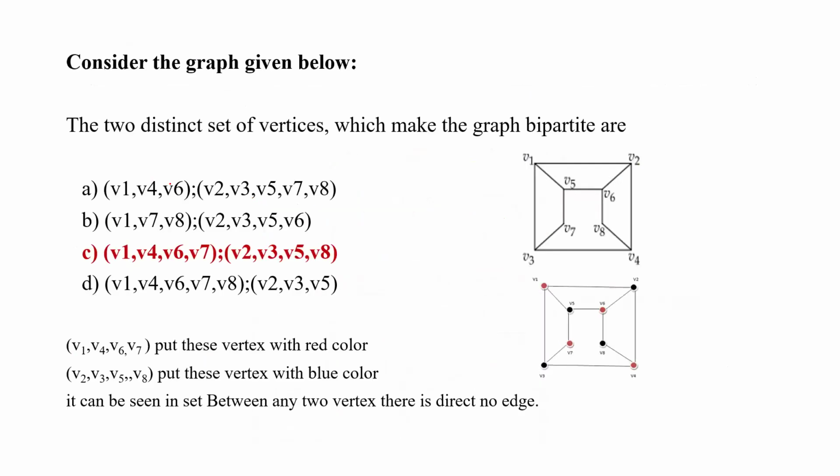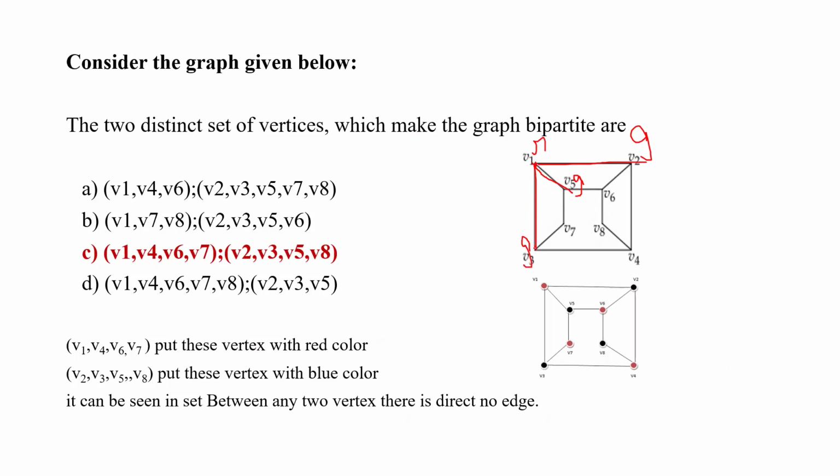Next one, this is a coloring graph. The two distinct sets of vertices which make the graph bipartite are, next you can see, the coloring graph. We have to color it. First one, I am putting red color here. If you put red color here, the adjacent vertices have to be in a different color. So this is also adjacent, this is also adjacent, this is also adjacent, so I am putting green color here. Here also green, here also green.